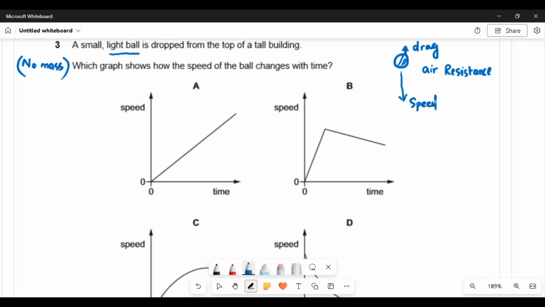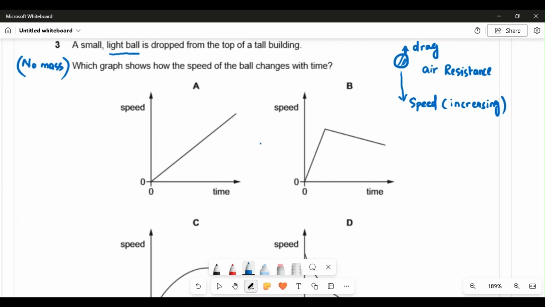Now, when we drop the ball, the speed will initially keep increasing. But as we move downward, the drag from the air resistance will also oppose this speed. So you can say that the drag is going to reduce the rate of increase of speed, meaning it will reduce the acceleration.